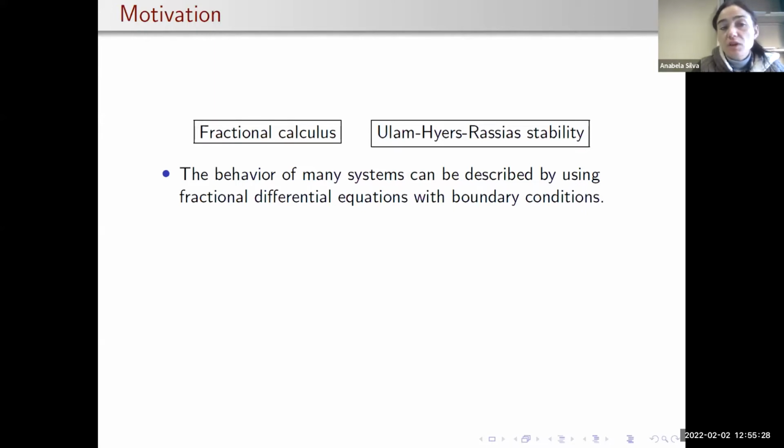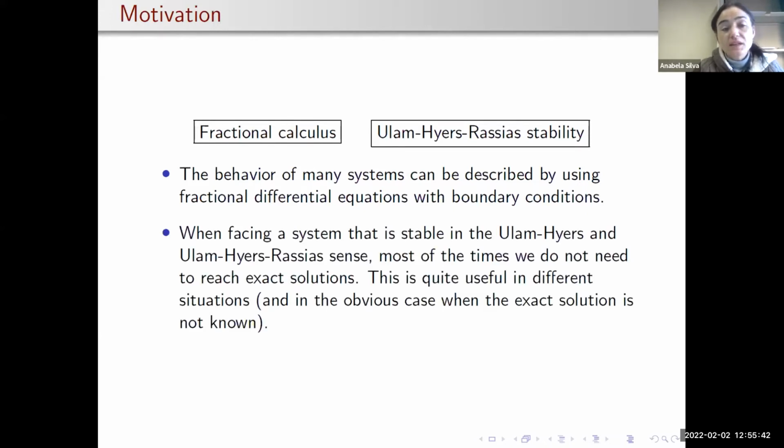We know that the fractional calculus was used in many areas of science and engineering, since many systems can be described by using fractional differential equations, and in particular with boundary conditions. And on the other side, these problems have a particular problem, which is to find the exact solution.